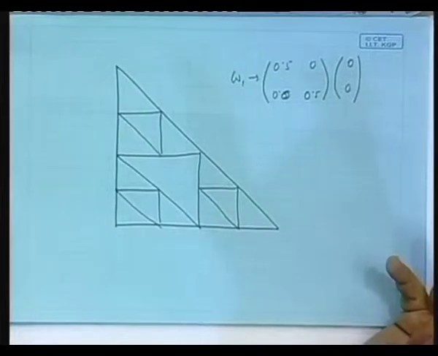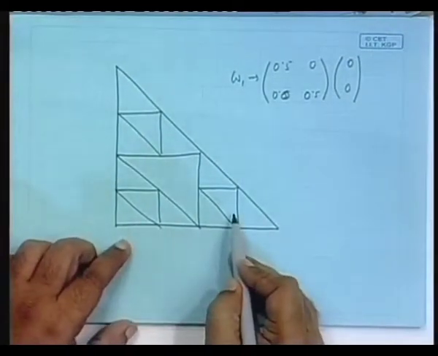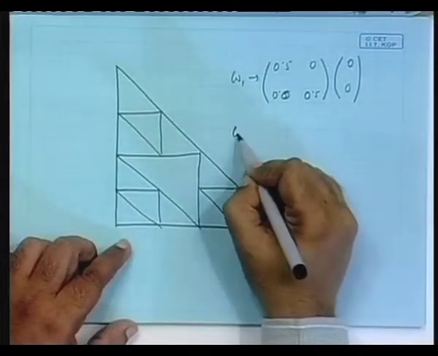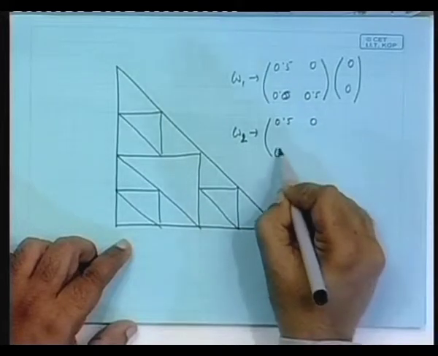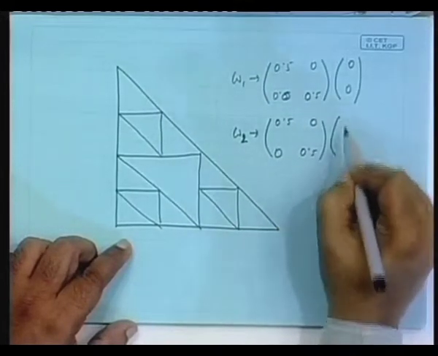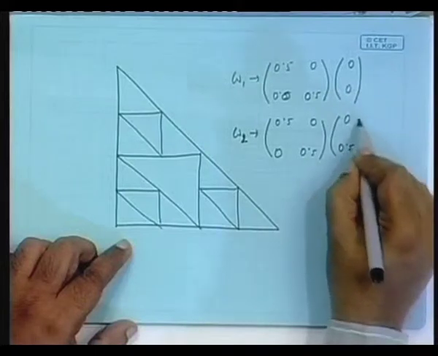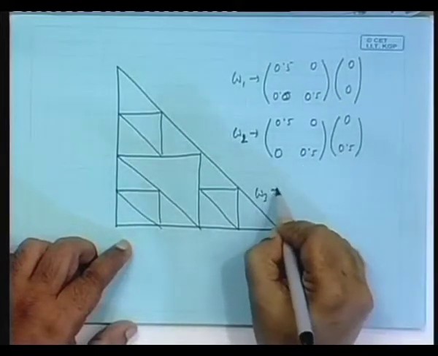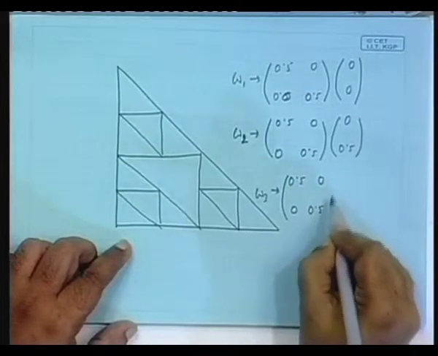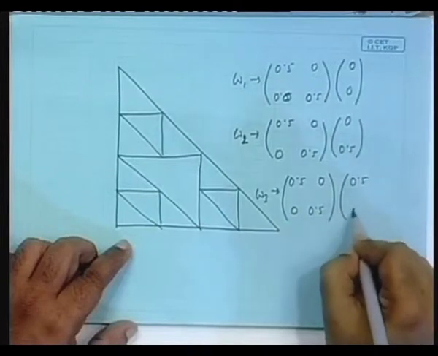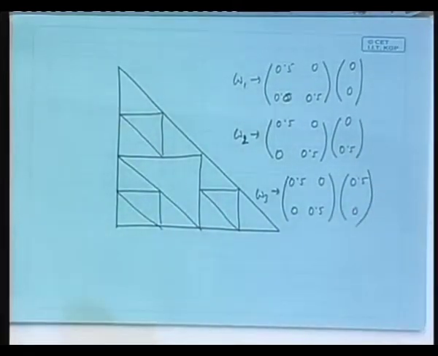okay. And how will you generate this one? What we did actually, but the fourth one will not be there, and that is what makes the difference between a square and a Sierpinski triangle.